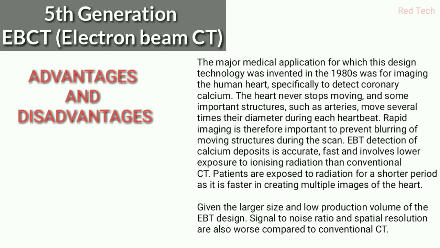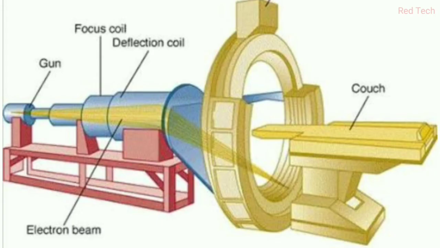Now look at the diagram of the EBCT. Number one is the gun, then the focusing coil, then the deflection coil, and on the bottom you can see the couch and the whole machine.